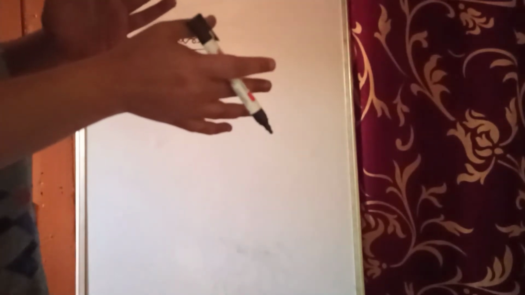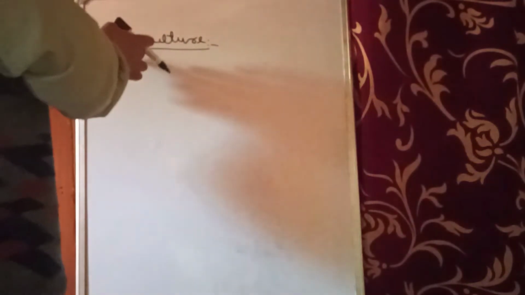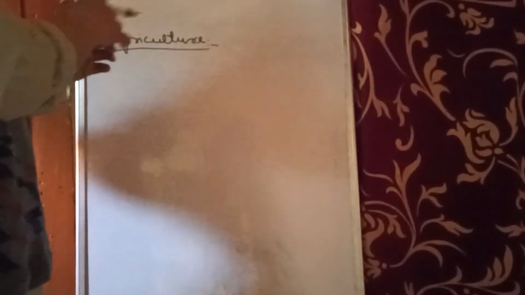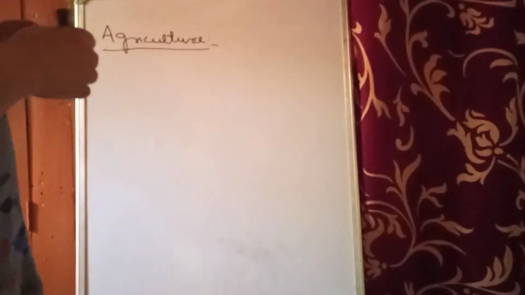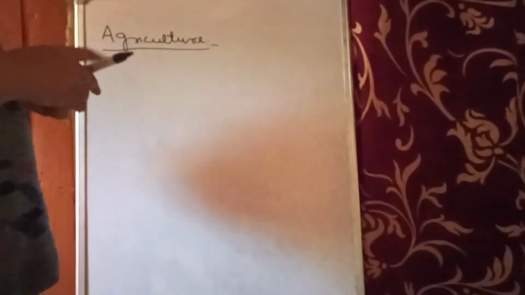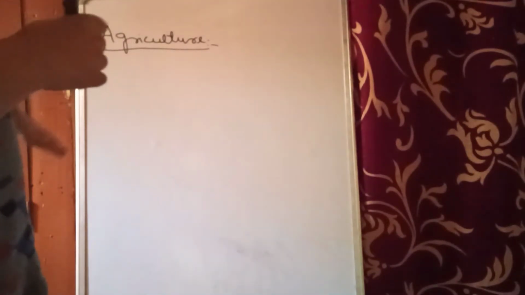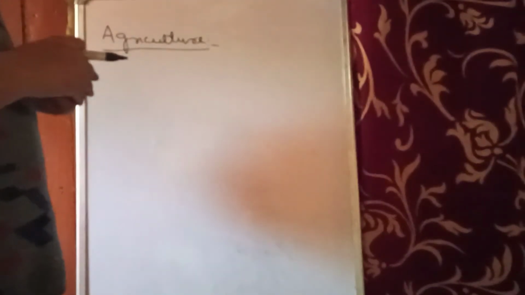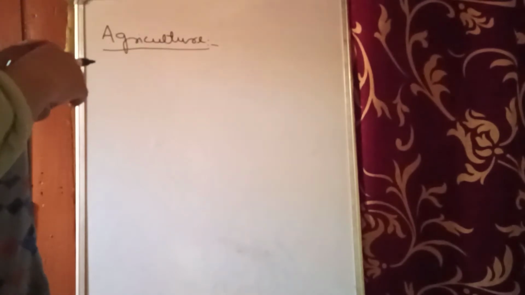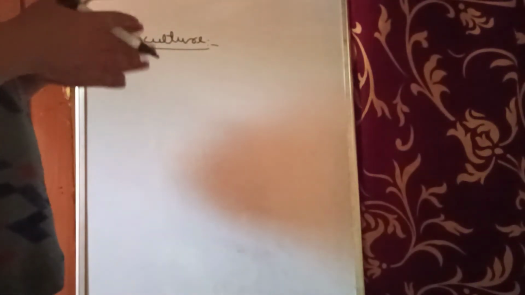So these two things, plants and animals, are related to agriculture. So we can define agriculture: it is the study of science and art of production of plants and animals useful to man.